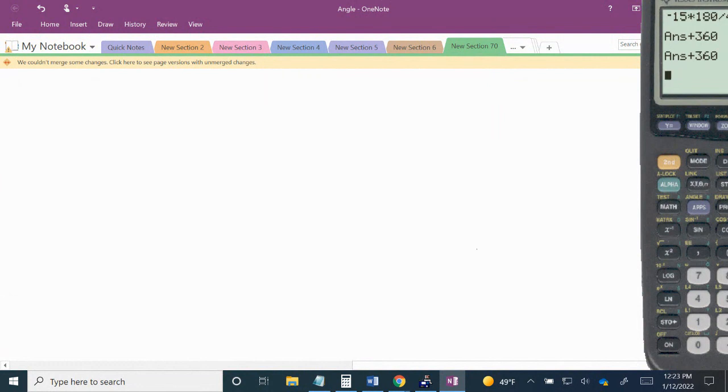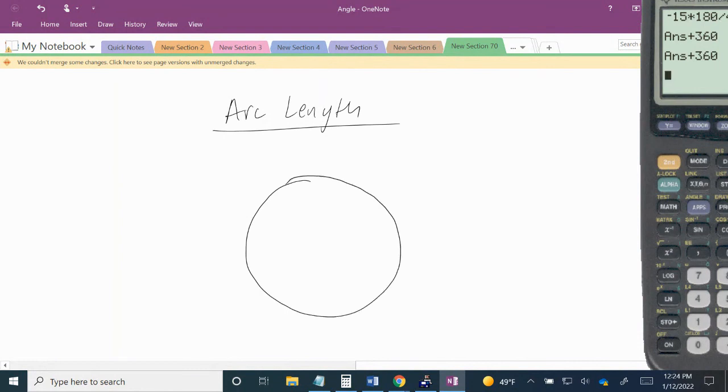So when we talk about arc length, here's our setup. We have a circle, and on that circle we have a center, and the distance from the center to the outer rim of the circle is our radius. Here we have a distance from the center to the outside rim of the circle, that's our radius, and our radius is also here on this ray.